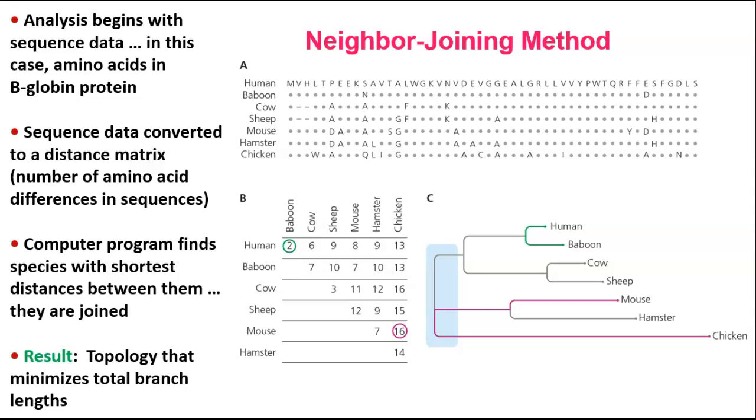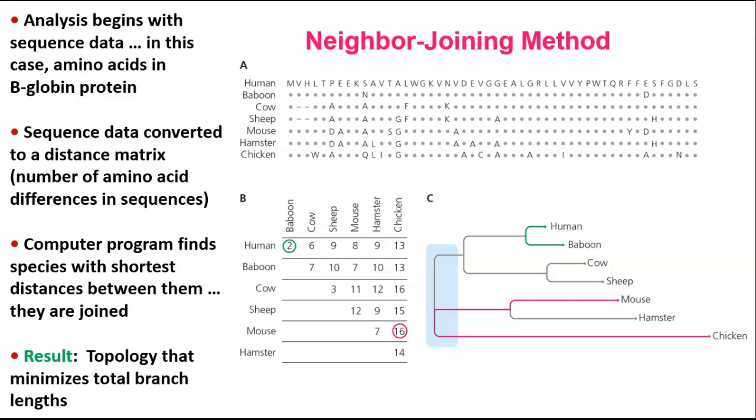So in figure A on the top, we've got the sequence for the human, the amino acids written across there by abbreviated letter. And then for the species below that, baboon, cow, etc., if you see a dot, that means they have the same amino acid in the same position.